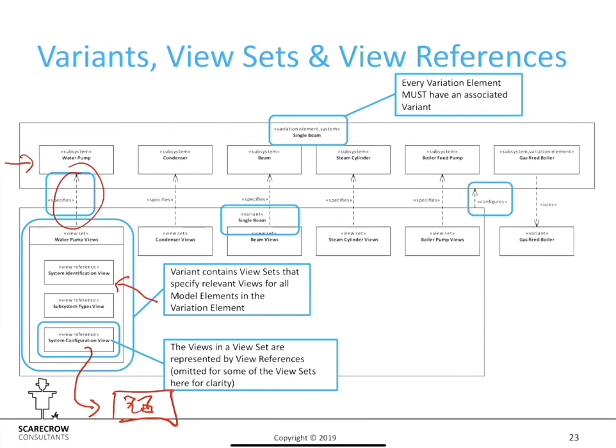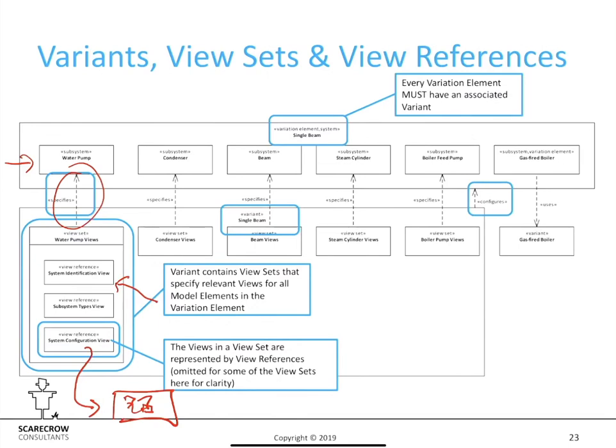So if somebody says, okay, I want to pull out single beam configuration number 1, it works through the tree, it finds the variation elements, it finds their configured variants, it looks inside the view sets, and it pulls out those views, those actual diagrams, if you like, SysML diagrams ultimately in your model, and everything that's on them, and that's what gets exported.